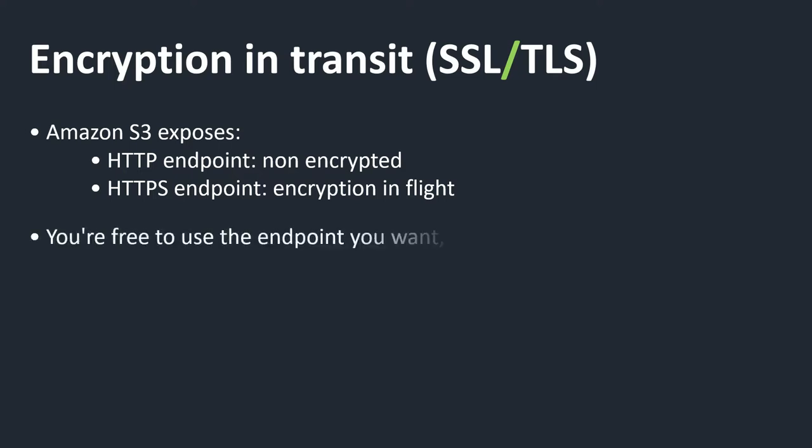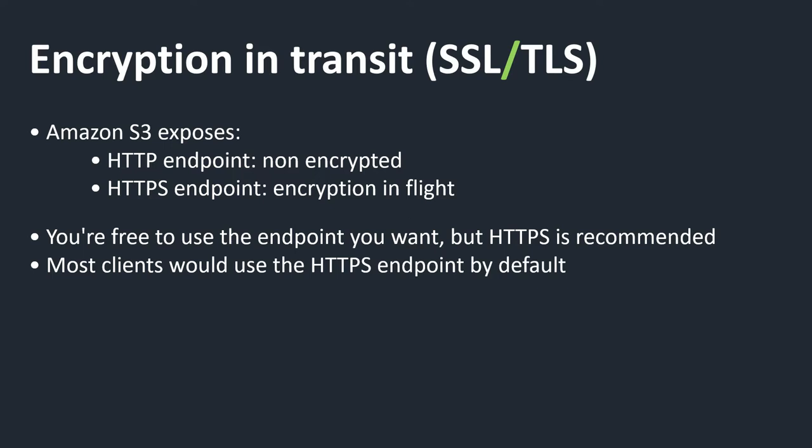You are free to use the endpoint you want, but if you use the console, for example, you would be using HTTPS, and most clients would by the way use the HTTPS endpoint by default.